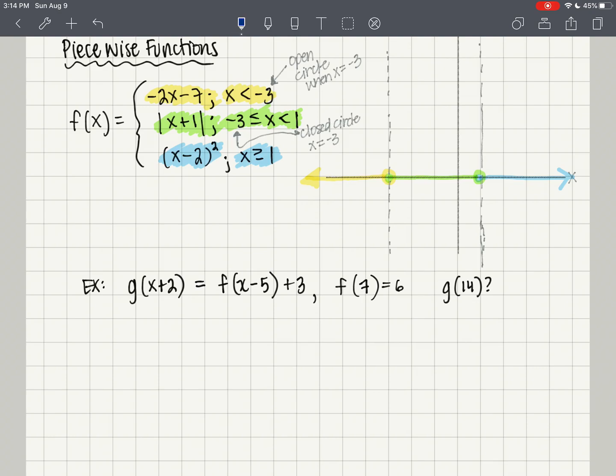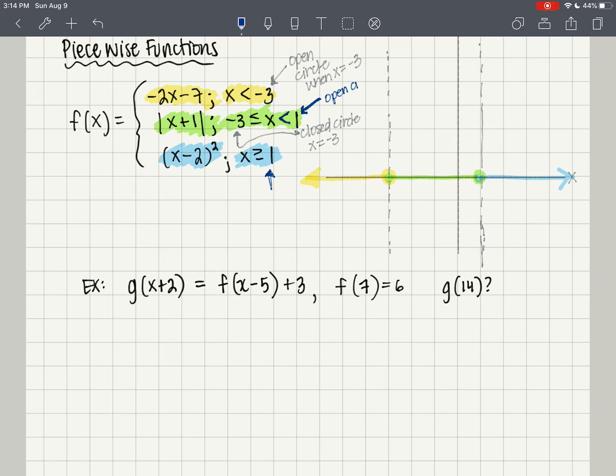And I'm going to do this in a different color so that you can see. Now, look here. This green function stops at 1, yet the blue function starts when x equals 1. So because it's less than 1 and not equal to, it is going to be an open circle, and this one will be a closed circle. So I'll show you what I mean as we go through. I would write that down, make sure you've got it.